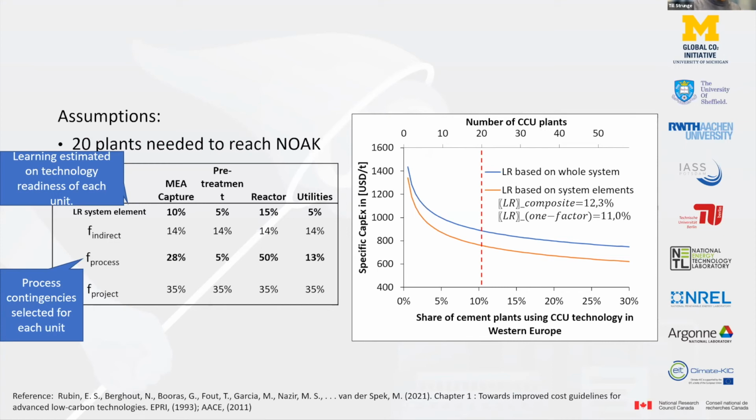But we see that for this particular instance, both might work. But it has to be said, it's very crucial that the learning rates that you apply to your system, or these estimations that you find, fit the process and the process units that you use. And next slide, please.